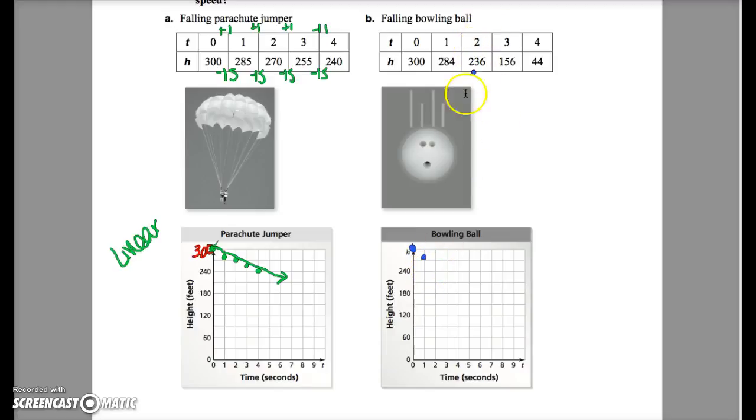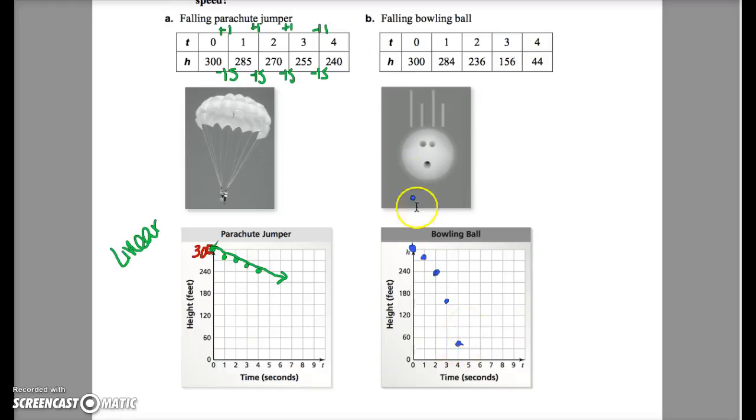Over at 2 seconds, it was at 236, which is right there. At 3 seconds, it was at 156. So right here would be 150, so I'm going to come just above that. And at 4 seconds, it was at 44, so that's going to be way down here.